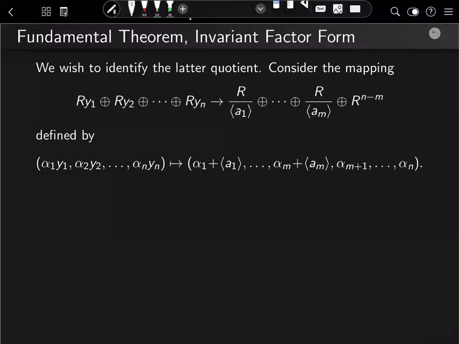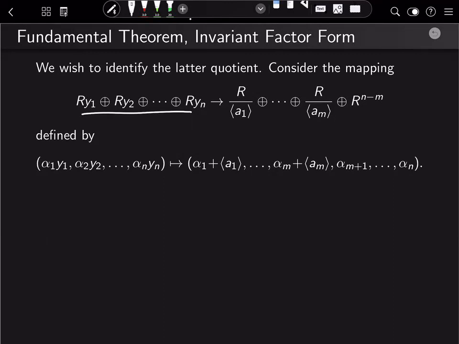Now, we want to take this quotient and write it in a way that mirrors more of what we want from the theorem. So we're going to define a map from this direct sum into R mod the ideal generated by a1, all the way through R mod the ideal generated by am, and then for the remaining factors, we are going to map them to R^(n-m).